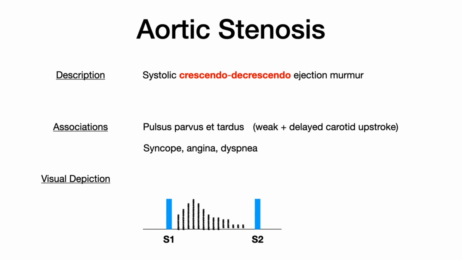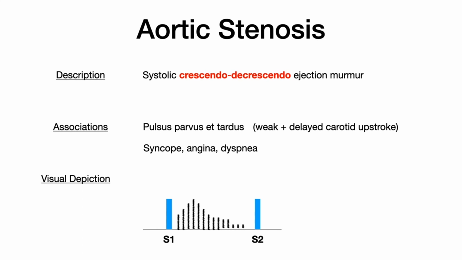And if they have aortic stenosis, because the aortic valve is stenotic, blood will flow through that aortic valve more slowly and over a prolonged period of time, so the blood that would be flowing into the carotids is weak and delayed. So it shouldn't surprise you that in the presence of aortic stenosis, that upstroke will be weak and delayed. And that is what pulsus parvus et tardus refers to.